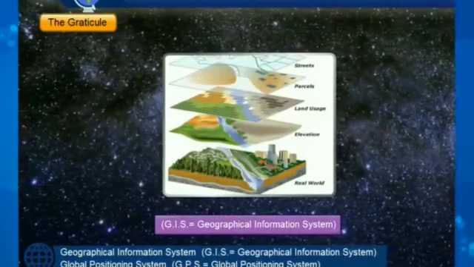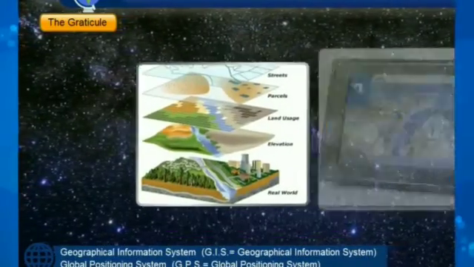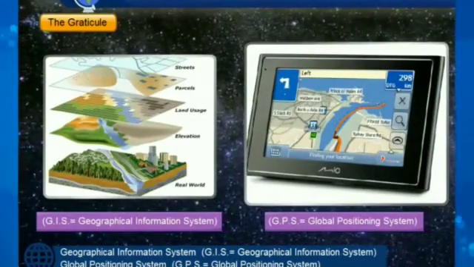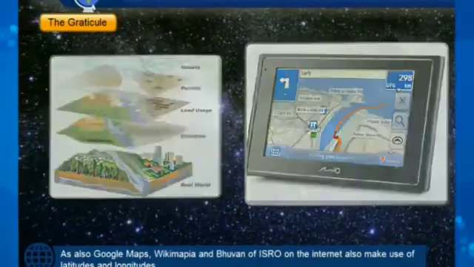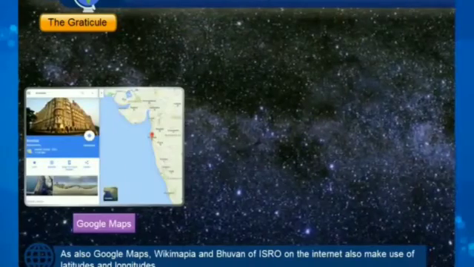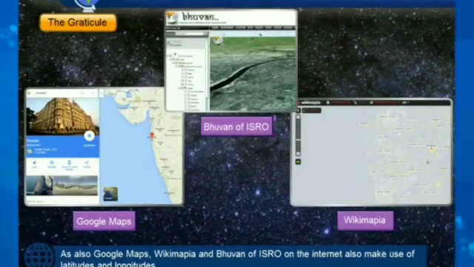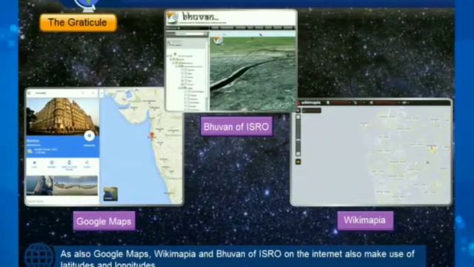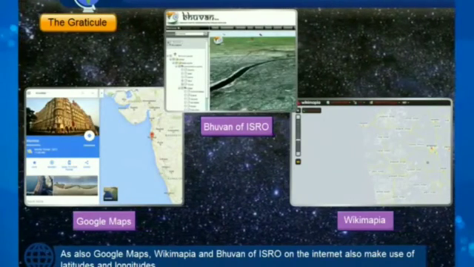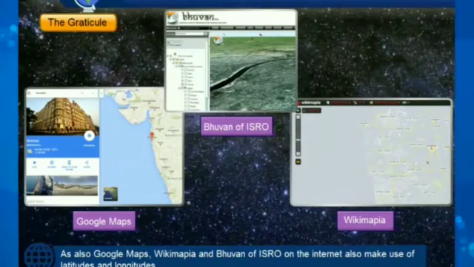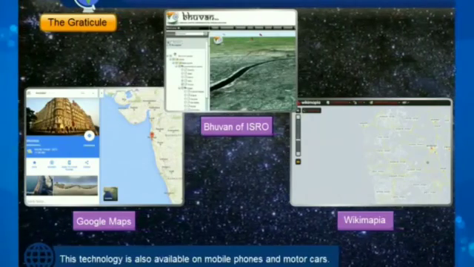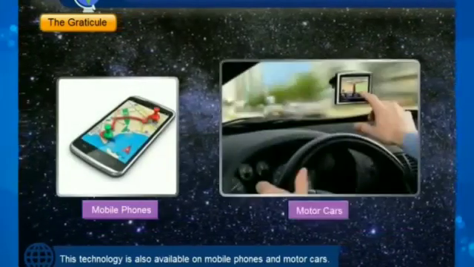Geographical Information System, GIS, Global Positioning System, GPS, as also Google Maps, Wikimapia, and Bhuvan of ISRO on the internet also make use of latitudes and longitudes. This technology is also available on mobile phones and motor cars.